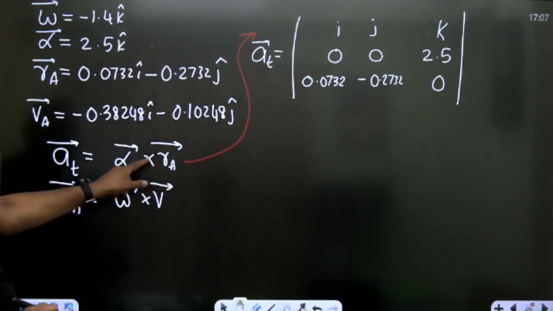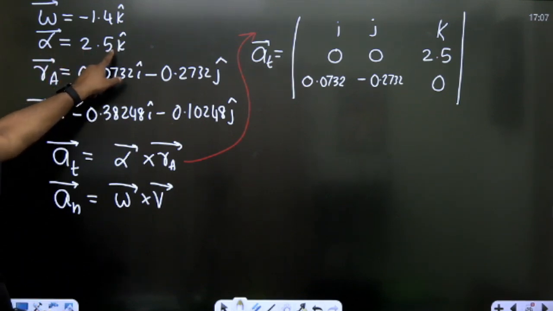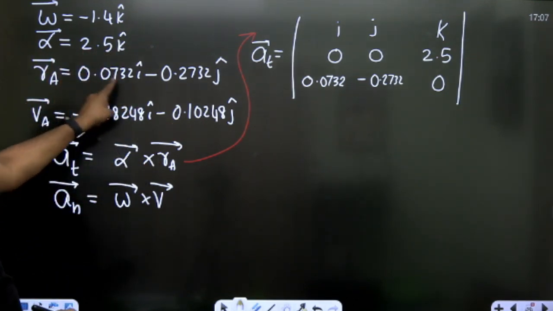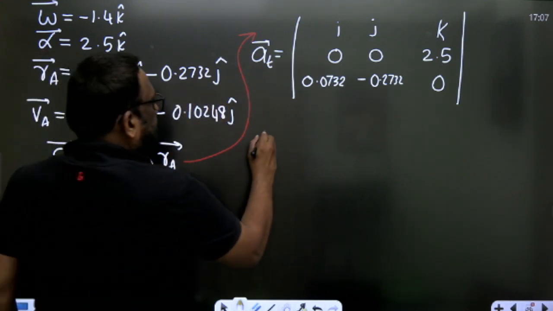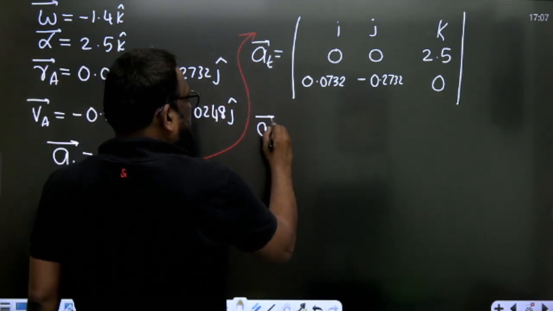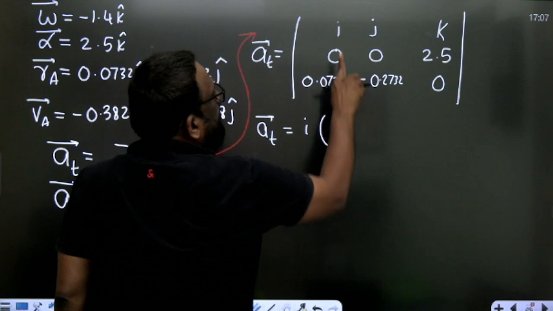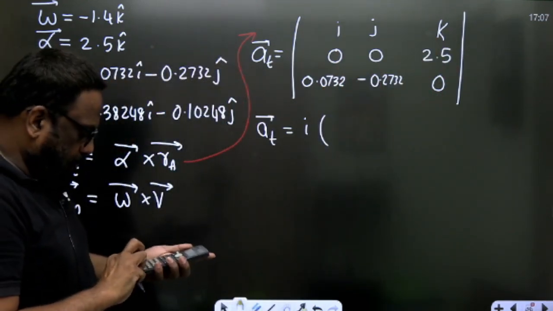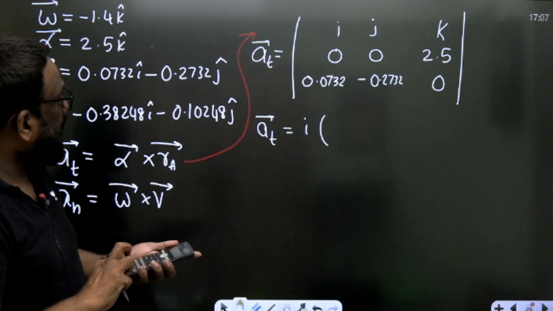The tangential acceleration a_tangential is alpha cross r_A. Alpha is 2.5, and what is r_A? Yes, now calculate. Let's calculate the tangential acceleration at point A. i into 0, minus of minus becomes plus, so 2.5 into 0.2732.